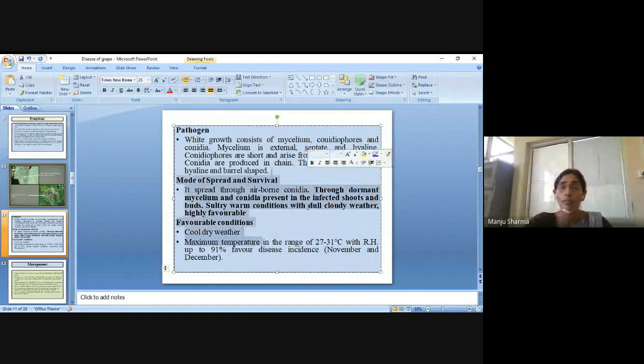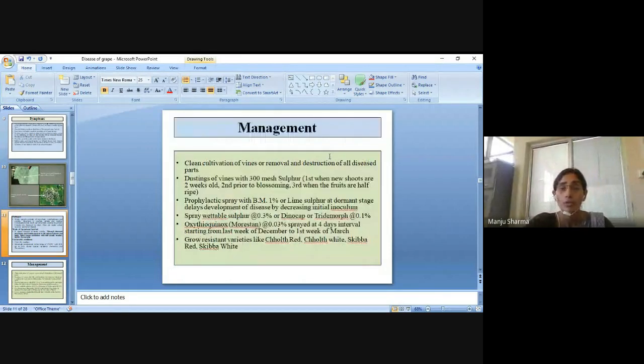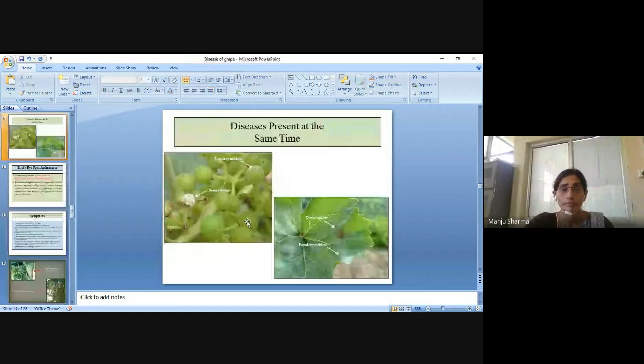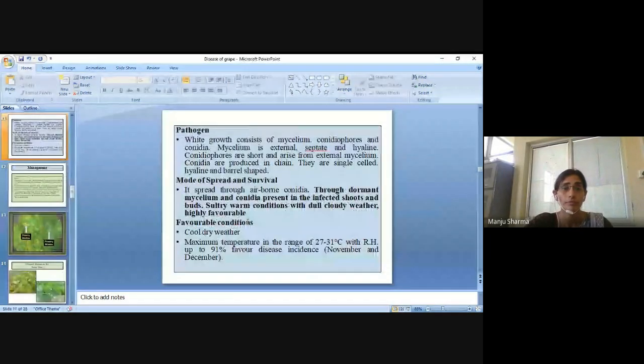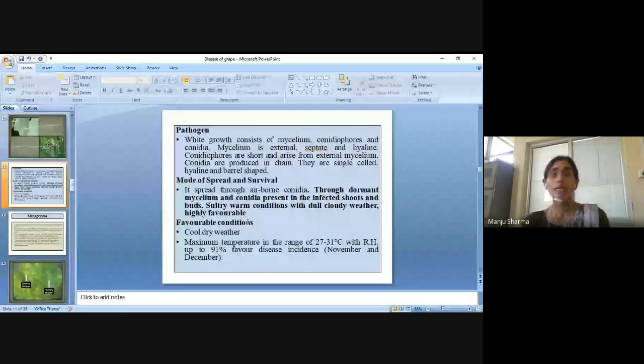Then the mode of spread and survival. Mycelium is external, septate and hyaline.